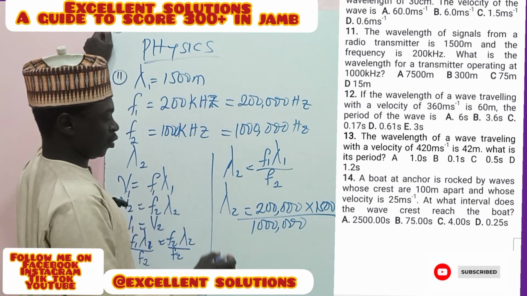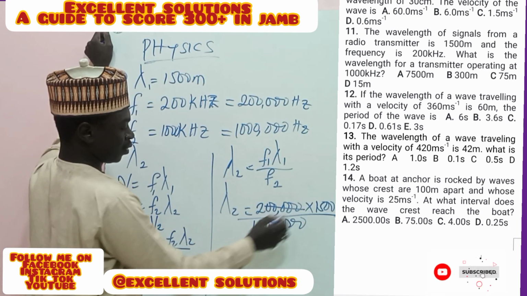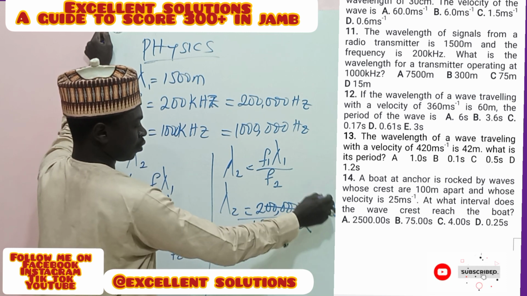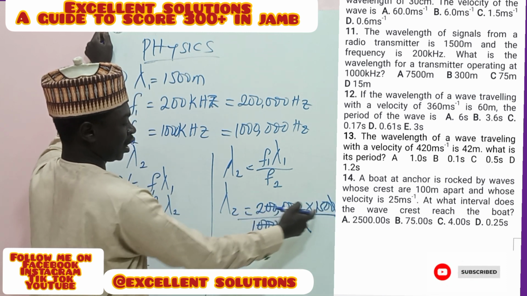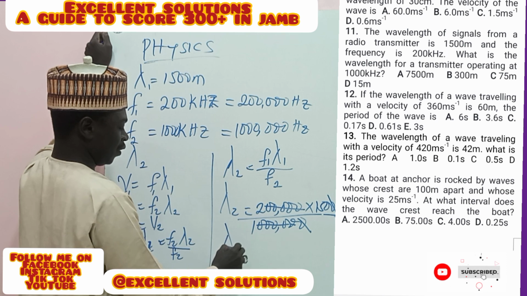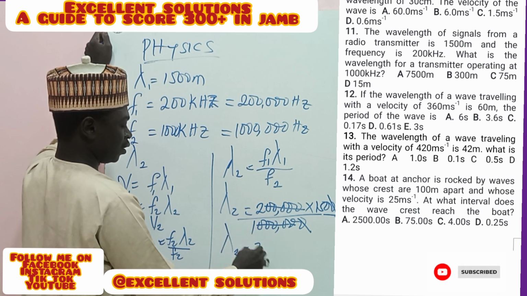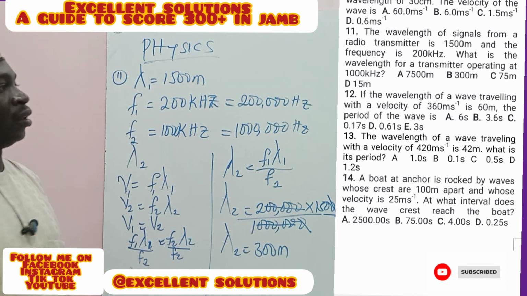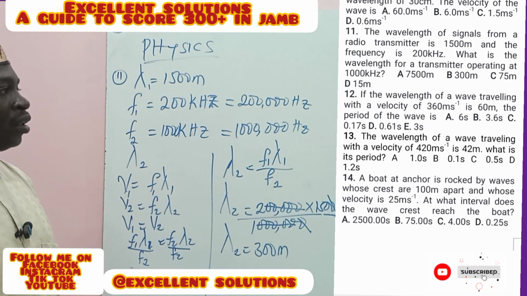We have 5 zeros here, so 5 zeros cancel 5 zeros, and 2 times 150, we now have lambda 2 equals 300 meters. Looking at our options, option B is 300 meters, and the answer is option B.